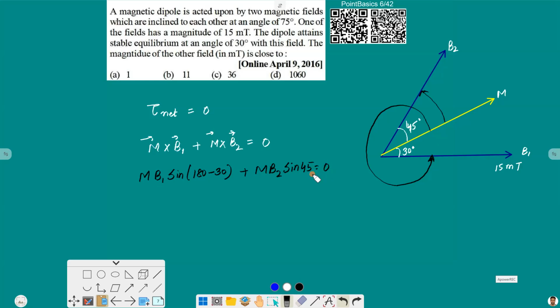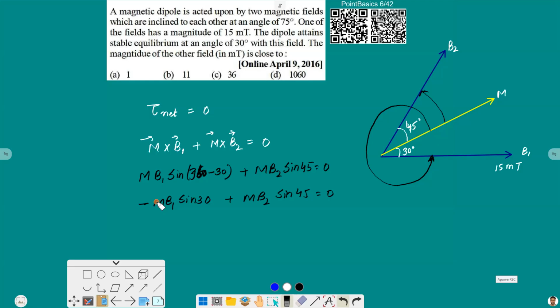Now sine 180 minus theta will be negative. Sorry, it will be 360 minus theta. And 360 minus 30 will be in the fourth quadrant, and in the fourth quadrant sine is negative and cos is positive. So it will be minus M B1 sine 30 plus M B2 sine of 45 is equal to 0.